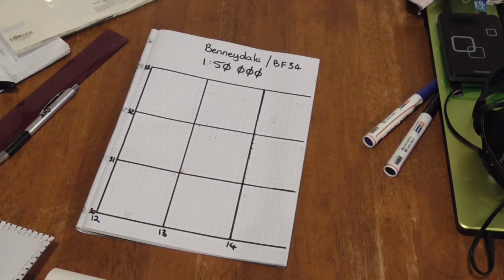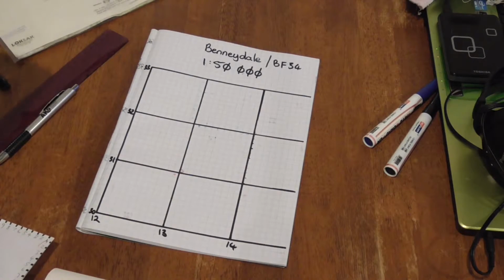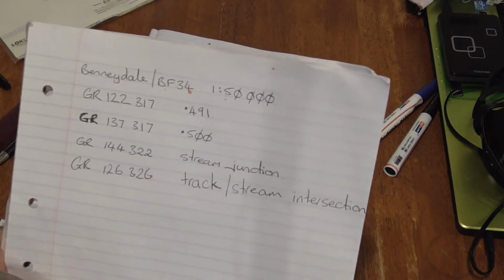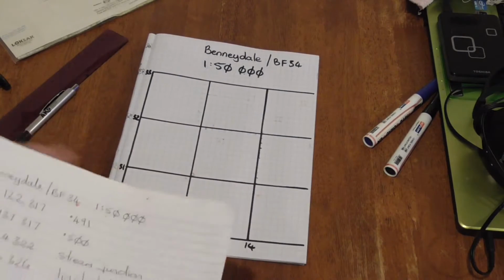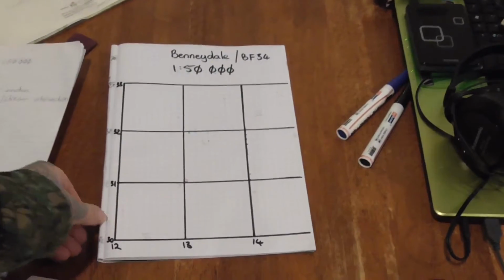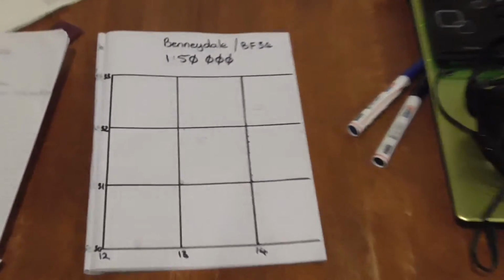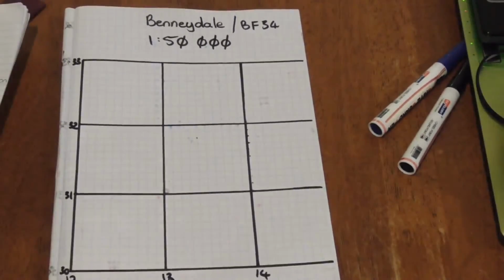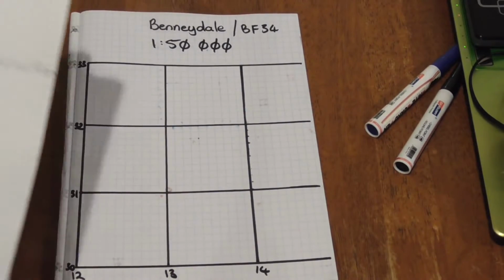What we're going to do is I grabbed some things off the actual map itself, and we're going to look for it really quickly on this book. Okay, let's have a look here. It's exactly the same setup.